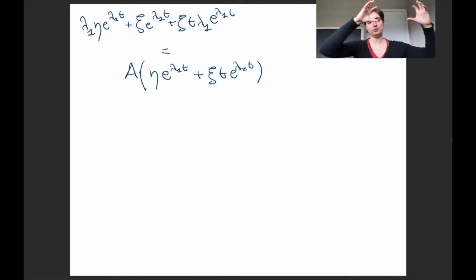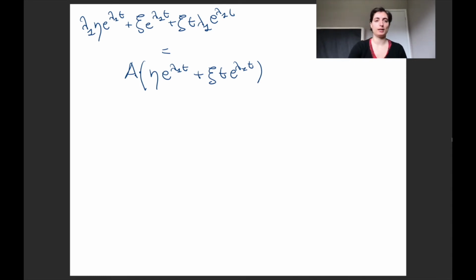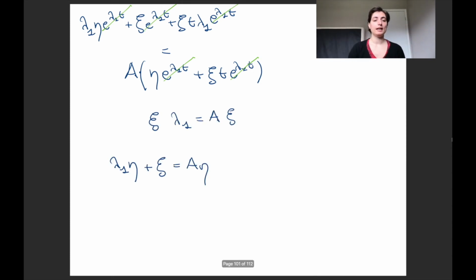So we have a block of three elements that is the derivative of the guess we just made equals the matrix A times the guess we just made. We can simplify away the exponential of lambda 1t because it appears everywhere. And as before, we match by powers of t.